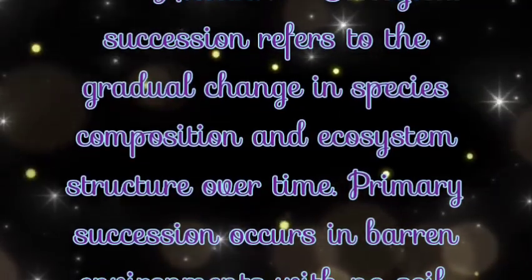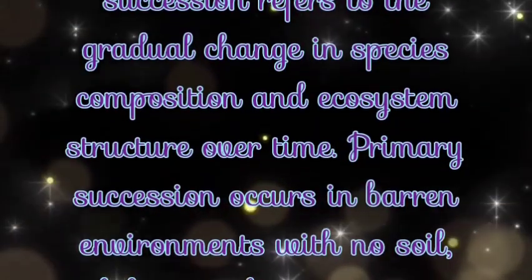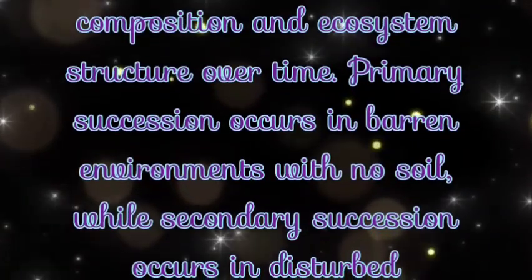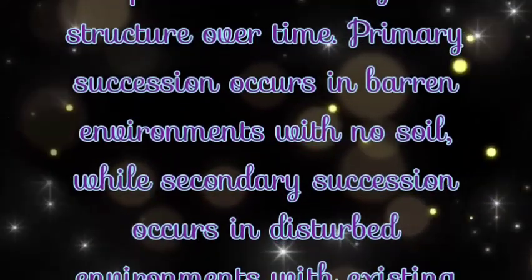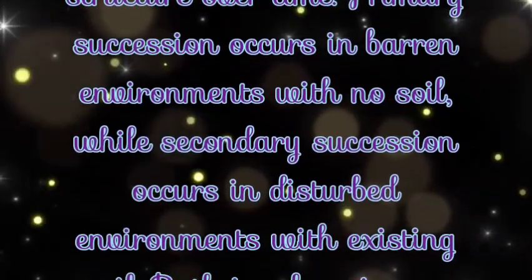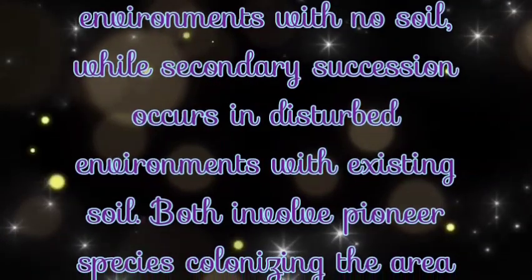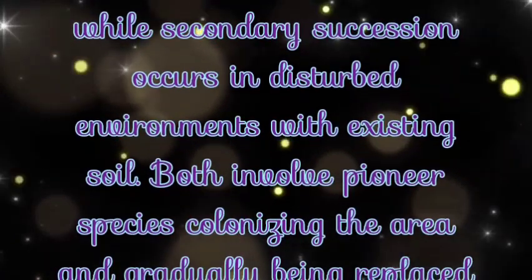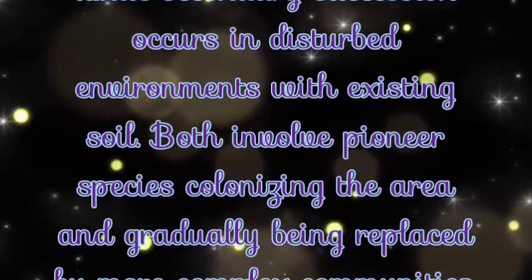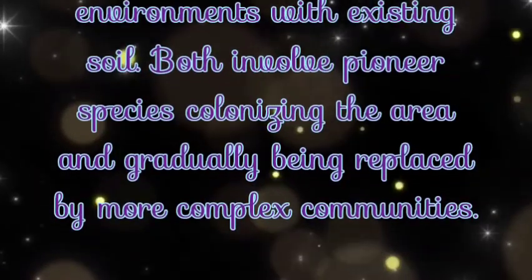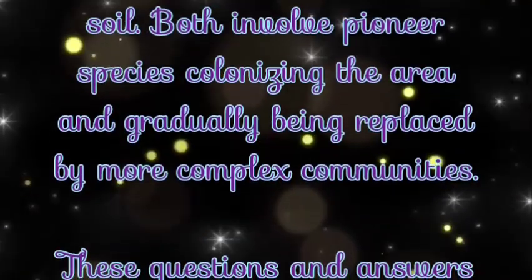Ecological succession refers to the gradual change in species composition and ecosystem structure over time. Primary succession occurs in a barren environment with no soil, while secondary succession occurs in a disturbed environment with existing soil. Both involve pioneer species colonizing the area and gradually being replaced by more complex communities.